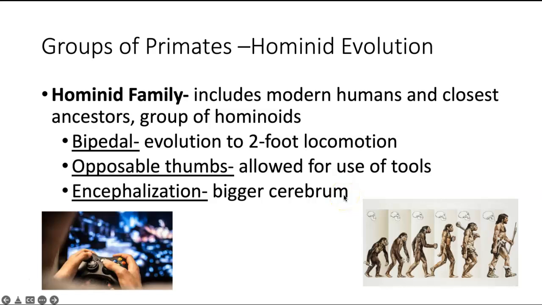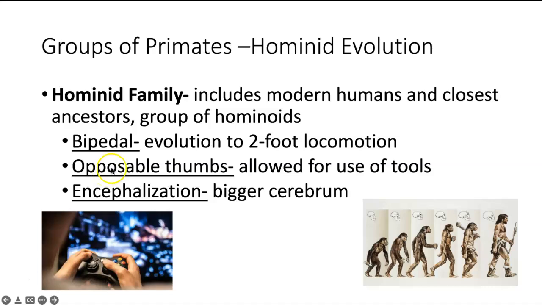So some of the characteristics they have are, this is modern humans and their closest ancestors. And some of the characteristics that we have is they are bipedal. We are bipedal. So basically bi means two, and think of pedal like pedaling a bike, using 2 feet to move.